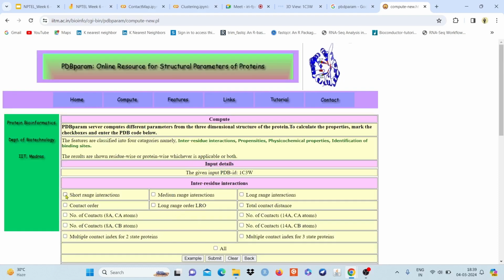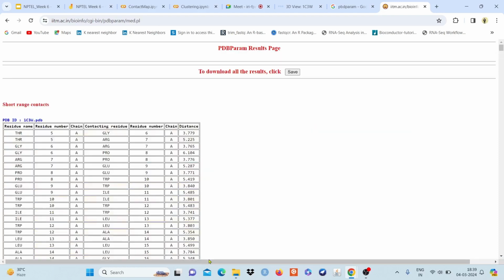So here we have short range interactions, medium range interactions and long range interactions. There are some other protein related parameters which are used in several studies of proteins, particularly machine learning models, such as contact order, long range order, number of contacts, which are also present. So I'll just submit. Yeah.